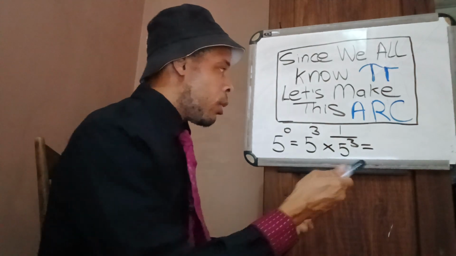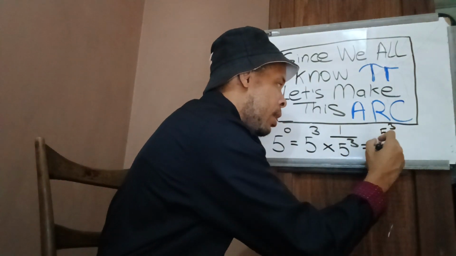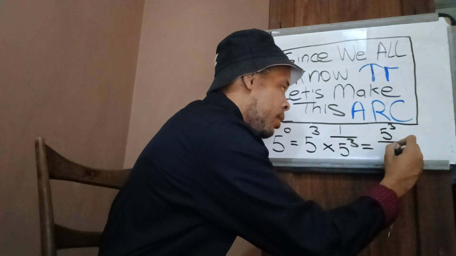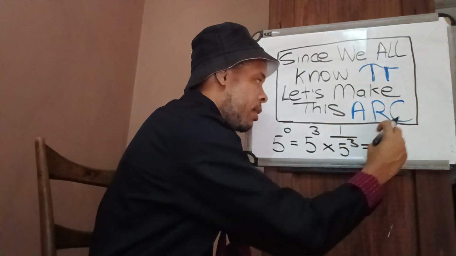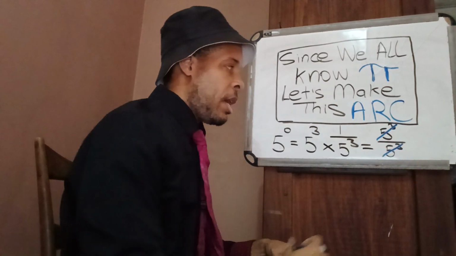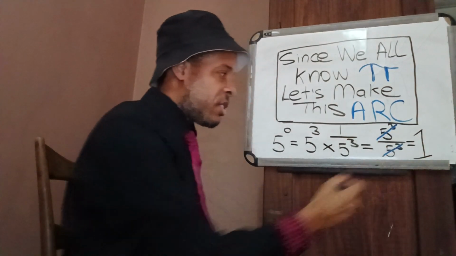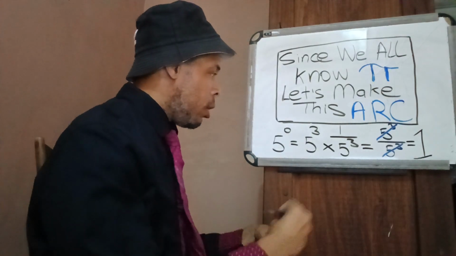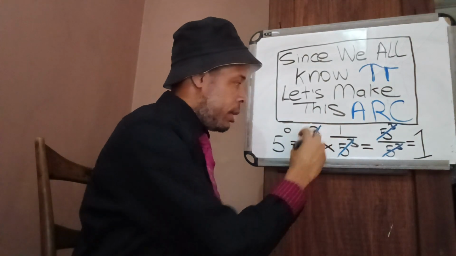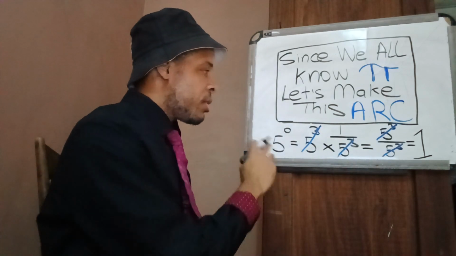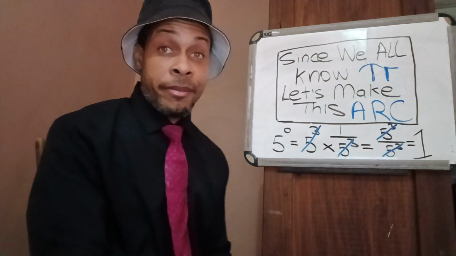I mean, we could have done 5 to the 3 divided by 5 to the 3. Okay, the HCF. Thus that's equal to 1. But also we could have just done it from here. This divided by that. And thus anything raised to the 0 is in fact equal to 1.